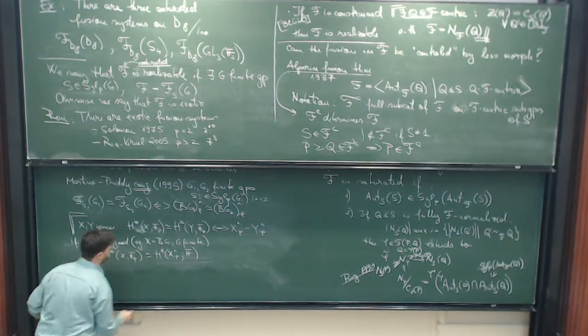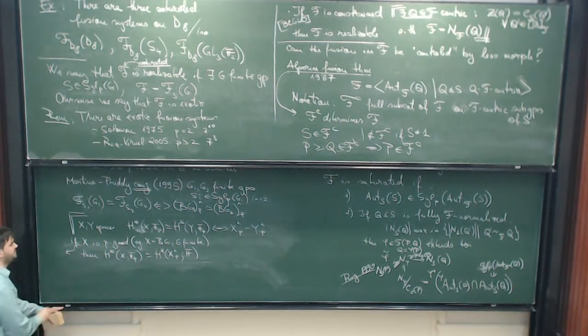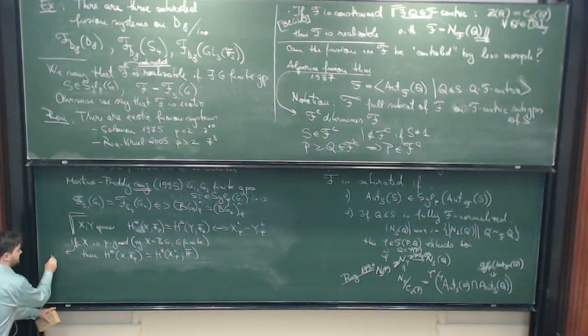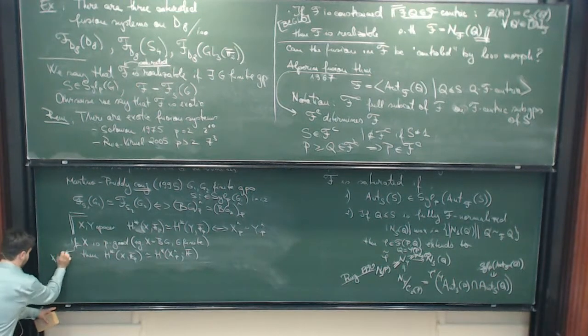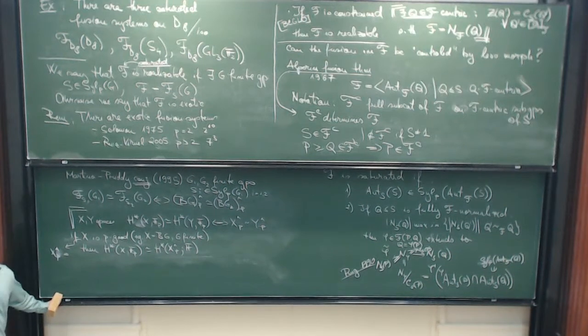This comes from the fact that when X is p-good, then X is homotopy equivalent. It is a bit difficult to explain more here.